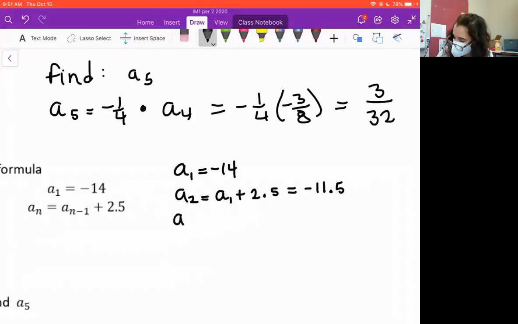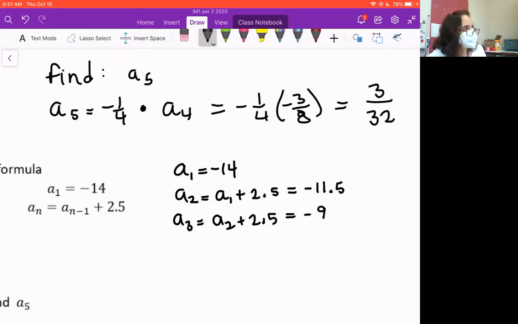My third term: you take the second term and you add 2.5. If you add 2, you'll get to negative 9.5, and then add the 0.5, so we're at negative 9. Okay, fourth term.